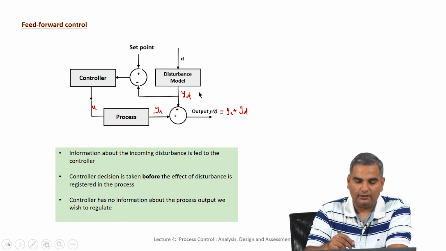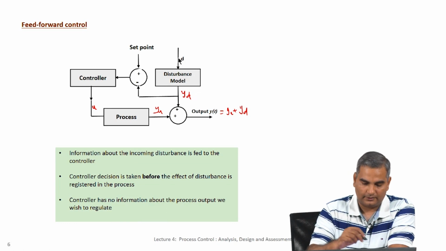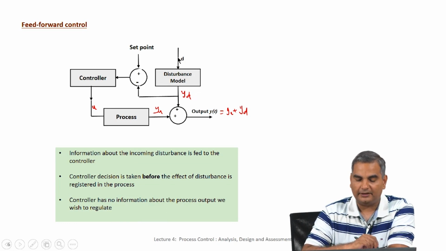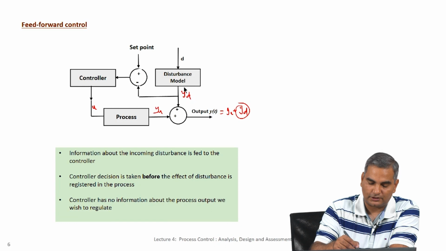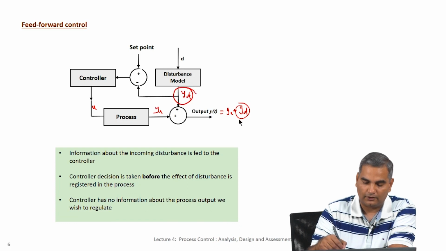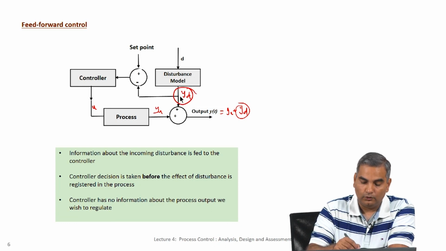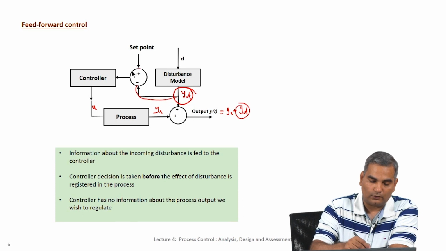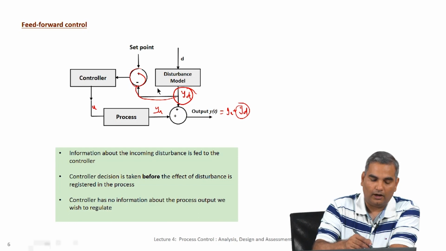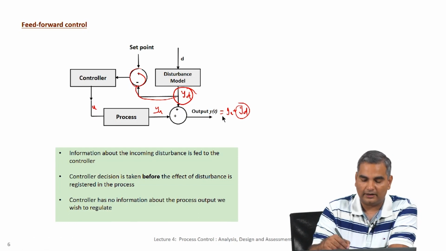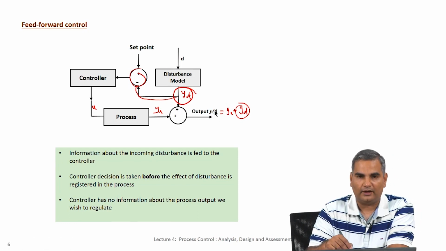Now, supposing you were to actually measure the disturbance. So, that basically means you know even before this really happens, that because this disturbance is measured, you know it is going to have this effect on the output. So, you could use this information in a controller and then say, because this disturbance is going to hit the process soon, how do I change this u so that I still maintain my output value at its set point.